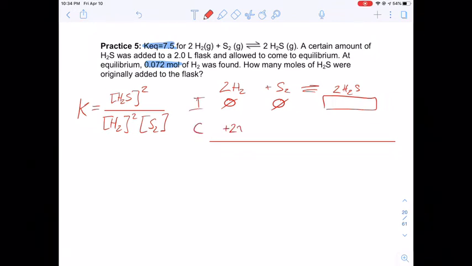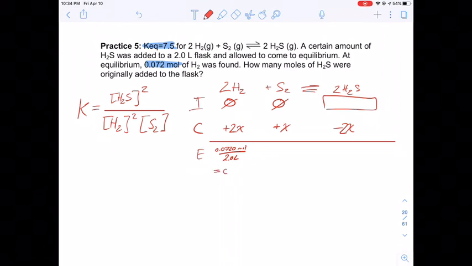And then at equilibrium, we know what the change would be. If we only inserted H2S, then we must be converting that H2S into the H2 and S2, with the appropriate stoichiometric ratio. And we know the equilibrium concentration of one of those reactants. It's 0.0720 moles divided by the 2 liters.